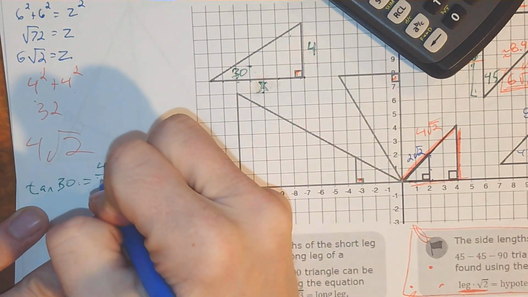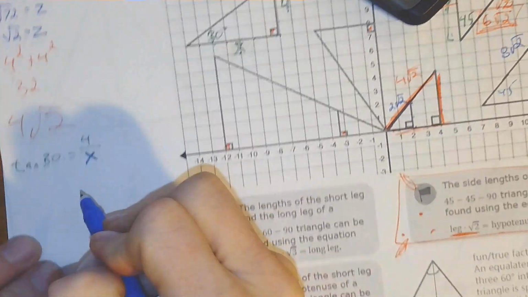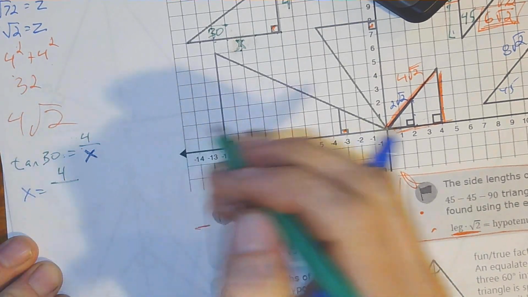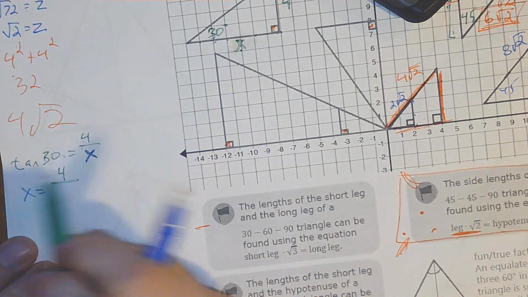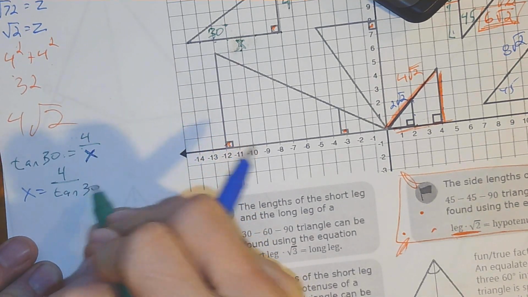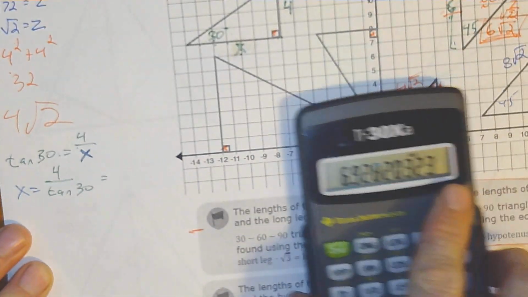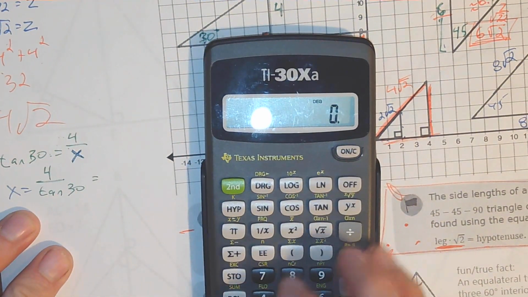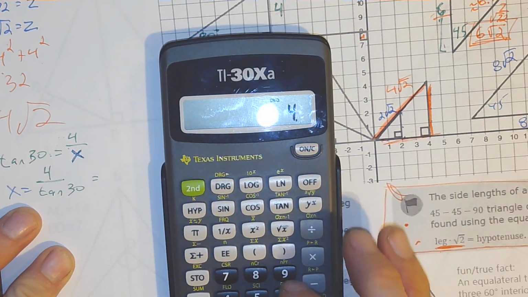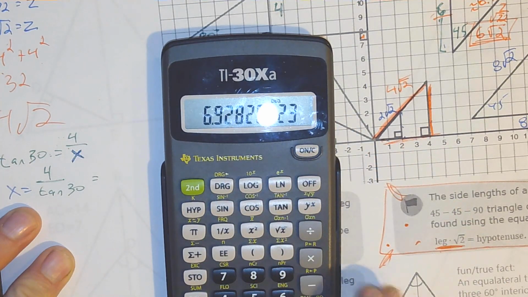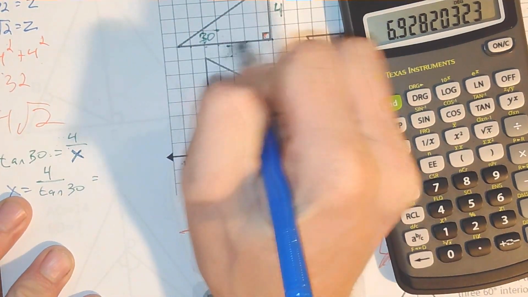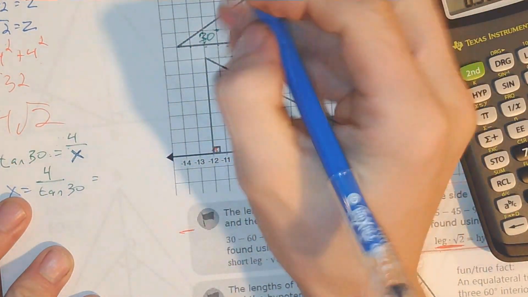My x value, so I have to solve for x. Multiply both sides by x, and then divide, so x equals 4 divided by the tangent of 30. Okay, so the tangent of 30 equals that, and that makes sense. So 4 divided by tangent of 30 equals 6.92, there it goes, our 6.92. Approximately 6.92.